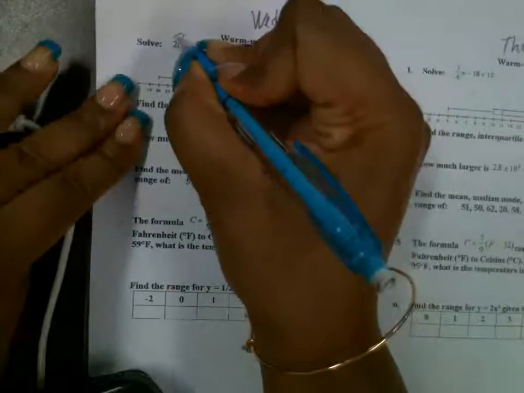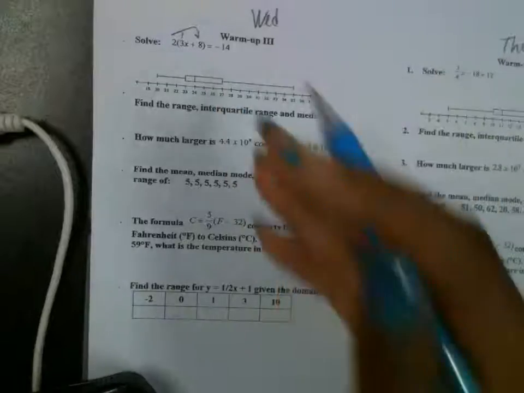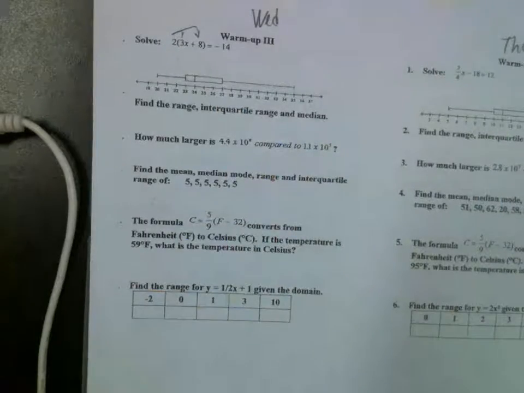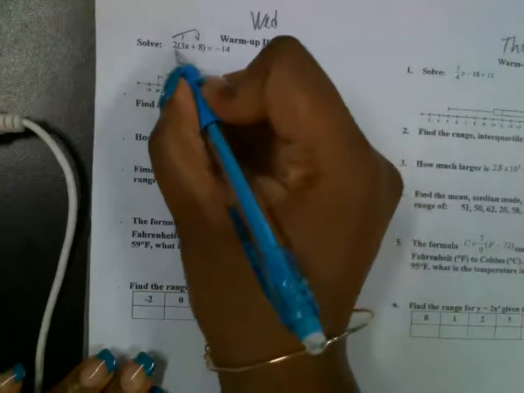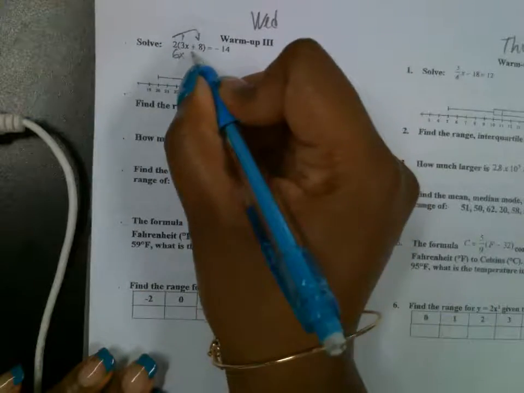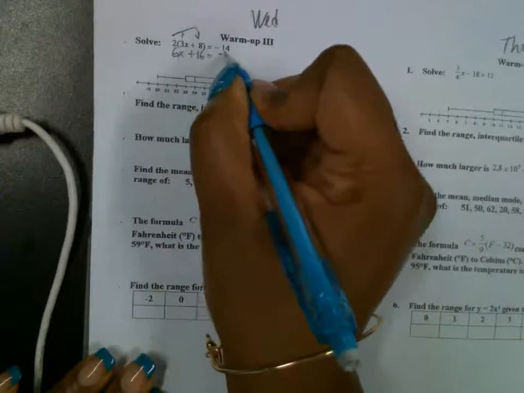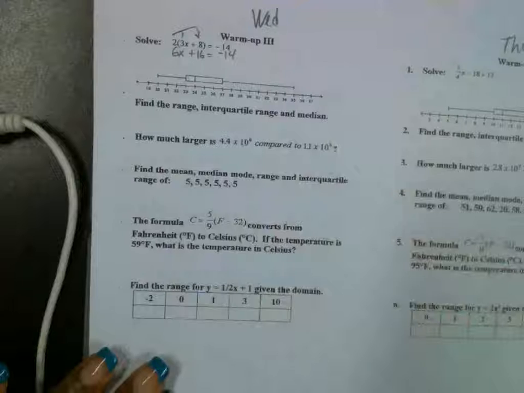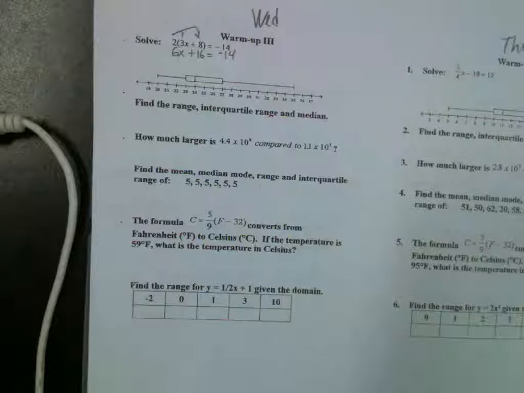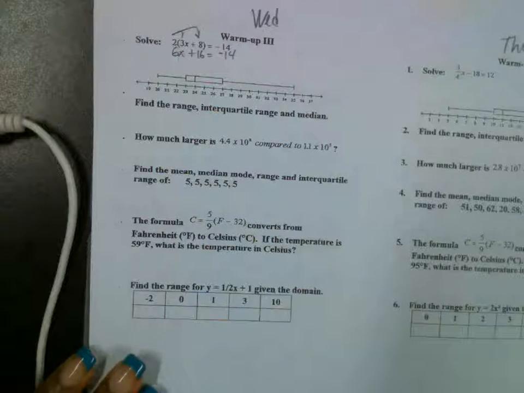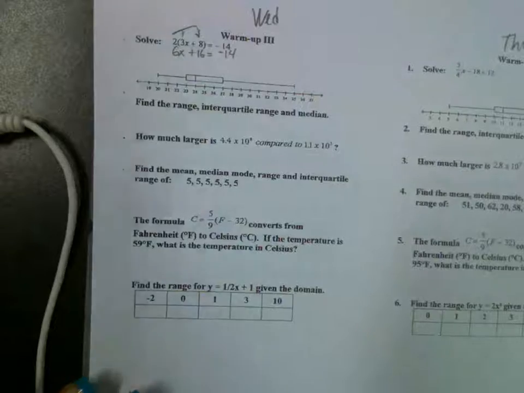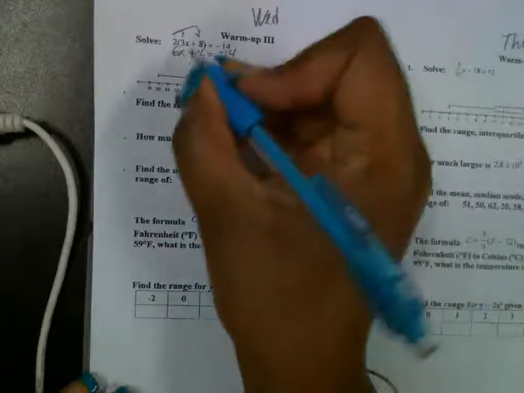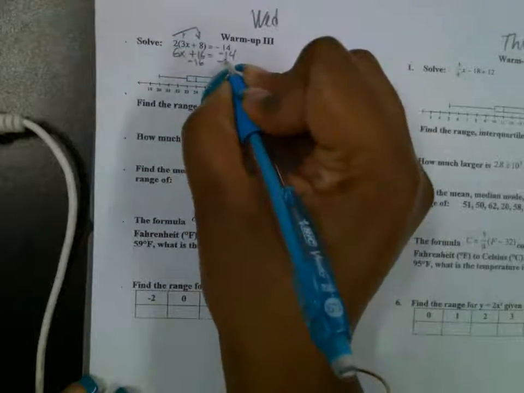We do distributive property here. When we did distributive property, what did that give us? 6x plus 16. Very good. Somebody different. What's the next thing that you did? Very good. Subtract 16 from both sides.